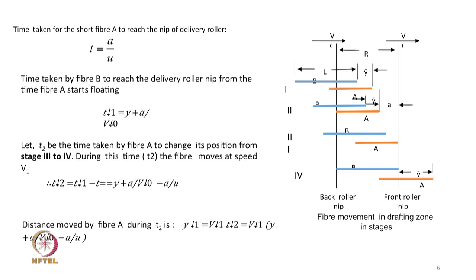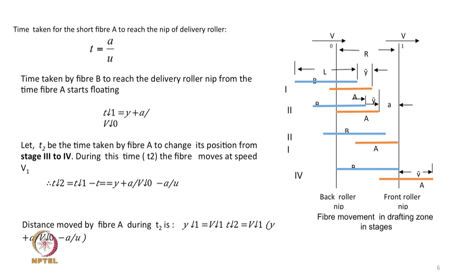From here we go to stage 2. Stage 2 is where the short fiber is about to be released from the back roller nip. If you see the orange fiber, its tail end is just lying on the back roller nip, so the fiber is about to be released.